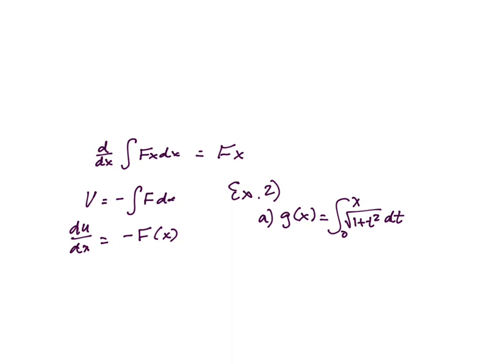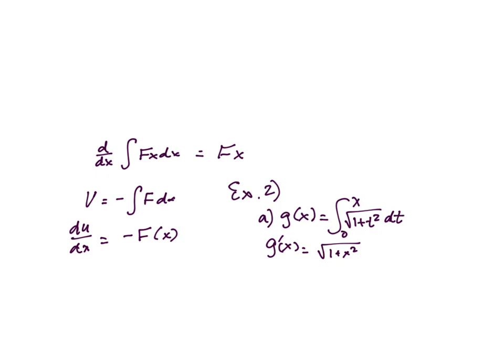I look at my limits of integration here, and the derivative of the integral is going to be the function in terms of x. So g prime of x here is going to be the square root of 1 plus x squared. I'm able to just take the function, and instead of it being in terms of t, it's now in terms of x because I was looking for the derivative in terms of x. Does that feel a little better? The derivative of the integral is the function.